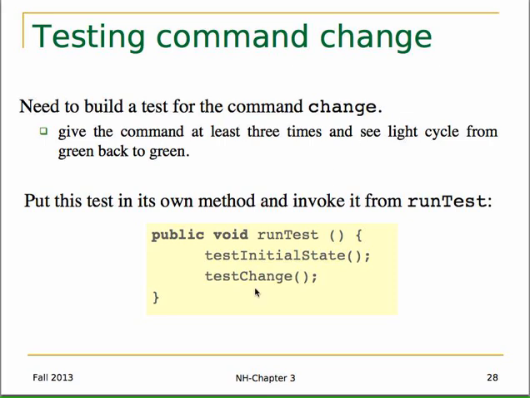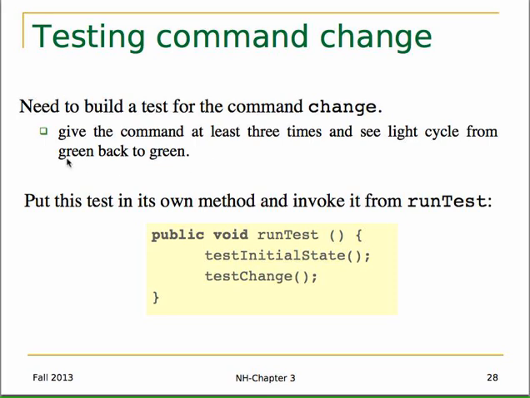So here's how you do it. We need to build a test for the command change. Maybe we have to figure out exactly what we're going to do with it. We're going to change the signal 3 times and see the light cycle from green to yellow, and then red, and then after the third change, go all the way back to green.